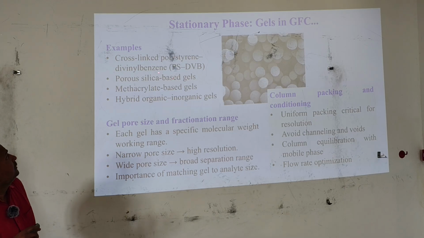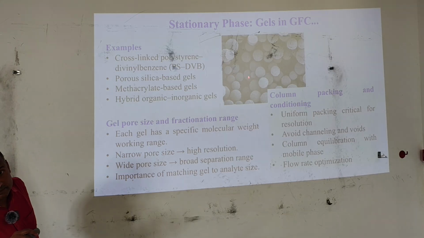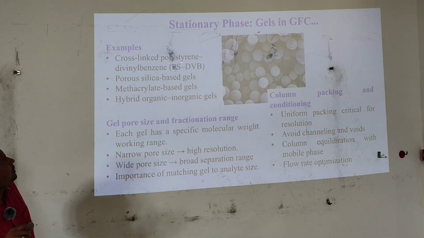Examples: cross-linked polystyrene. You can see here the beads look like this, porous beads. Cross-linked polystyrene divinylbenzene, porous silica-based gels, methacrylate-based gels, hybrid organic-inorganic gels.